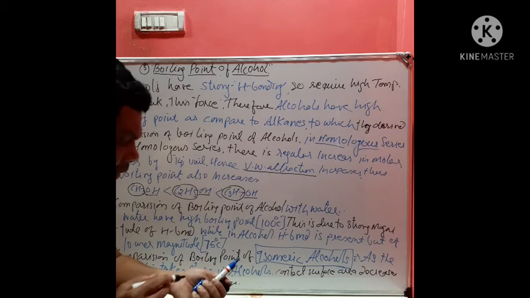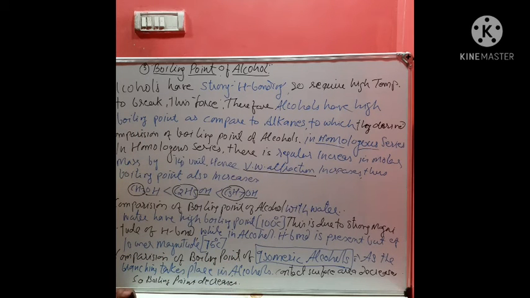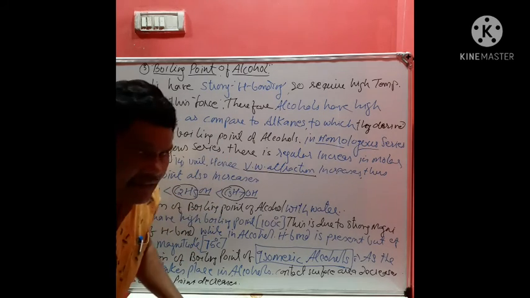Getting? Student, not only these property of boiling point are compared, but we can compare the boiling point of alcohols with other organic compound. Like here I compared with water. Okay, here with what? Alkane. But even we can compare with haloalkane, which we studied in last chapter. Student, in haloalkane, the dipole-dipole intermolecular attraction force is present.